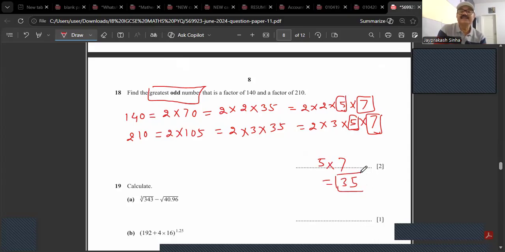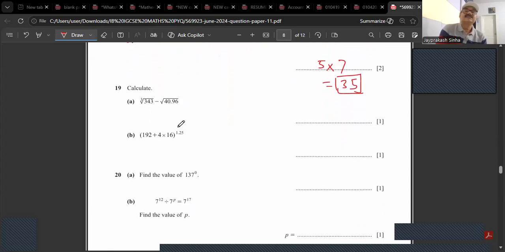So 35 is the greatest odd number which is the factor of both 140 and 210, because both can be divided by 35.